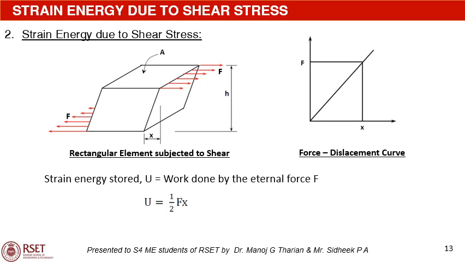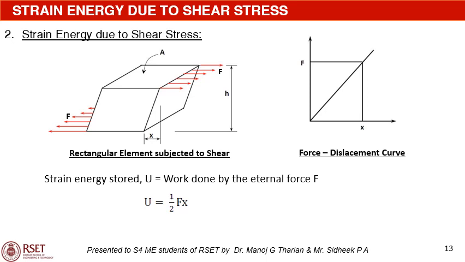Let A be the area of the top and bottom face of the block, and H be the height of the block. The top face of the block slides with respect to the bottom face by a distance x as a result of the shear force. The force displacement curve is shown in the graph.